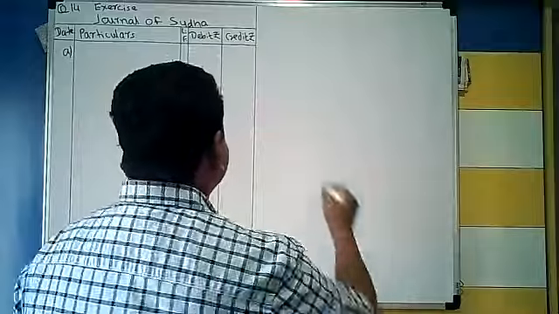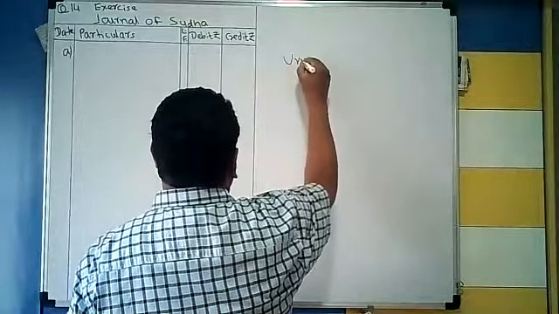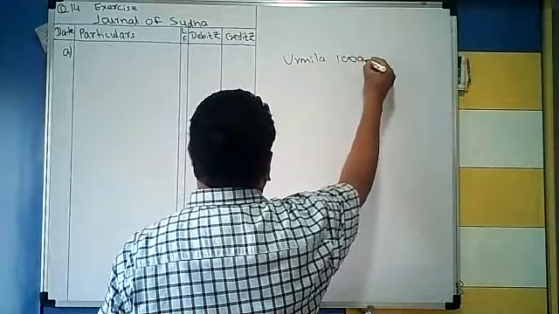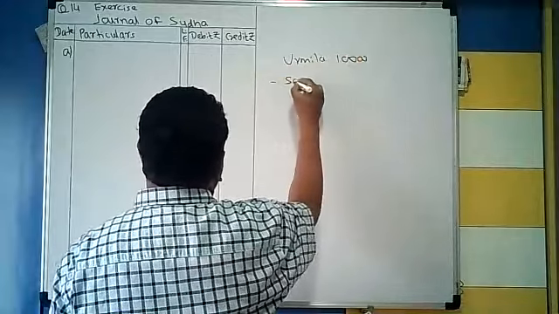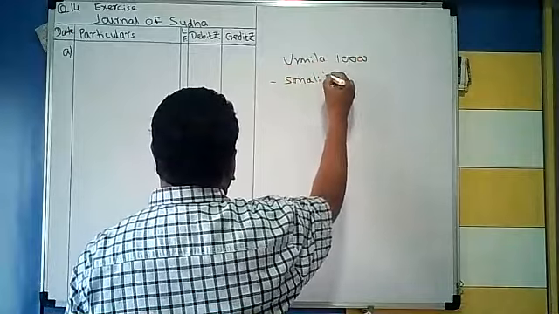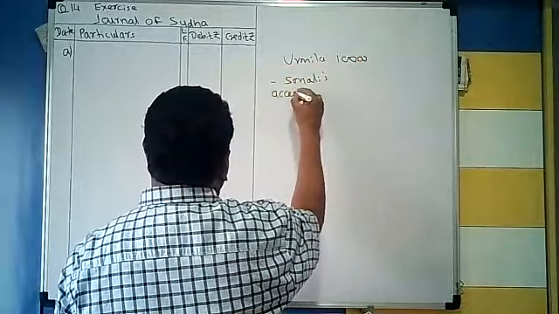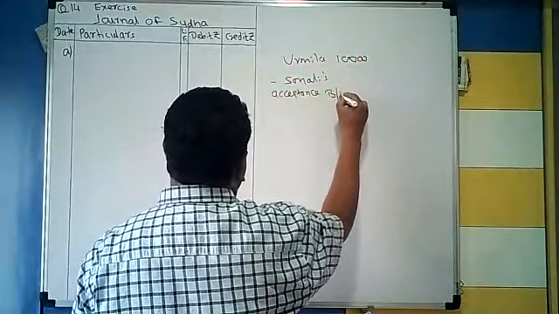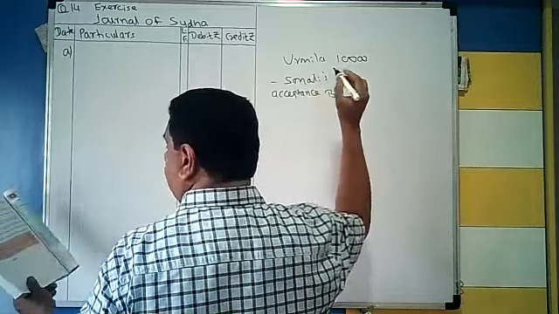Look here. Actually, we had to pay Urmila 10,000 rupees. For that purpose, we endorsed her Sonali's acceptance to us. Meaning the bill receivable that we had from Sonali, we gave it to her.